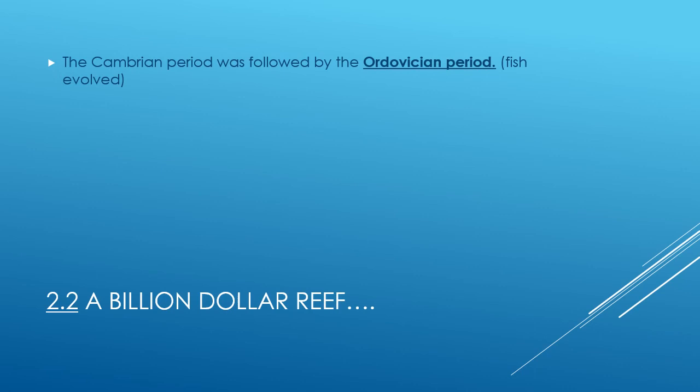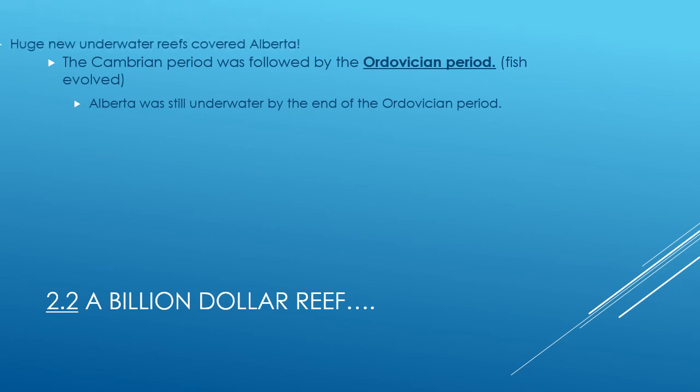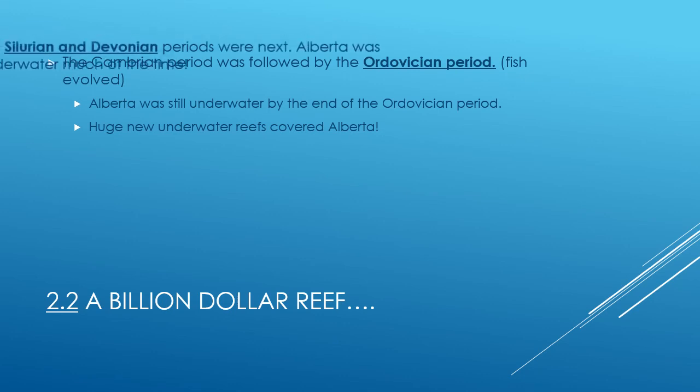So as we go up through our geologic timescale, if you pull one out, you're going to see the Ordovician period, and this is where fish started to evolve, and we start to see them pop up. And at this point, Alberta was still underwater, still allowing us to have these huge reef systems and all this life.